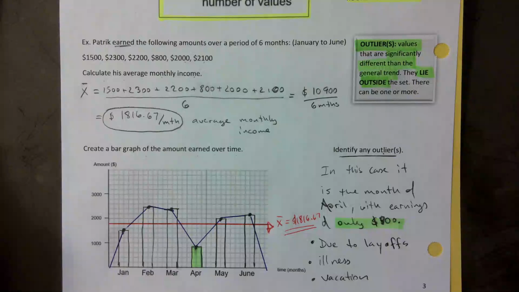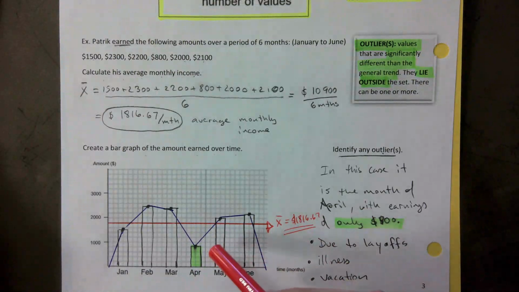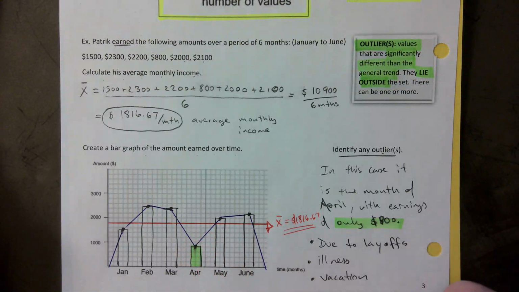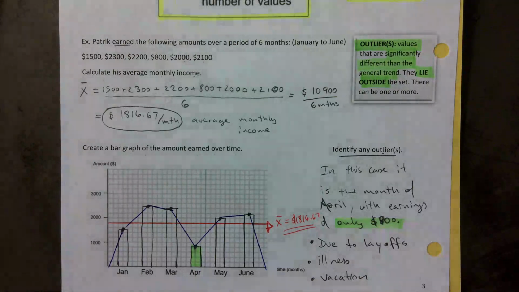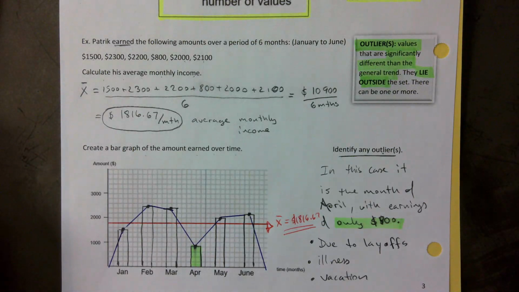Normally, folks, if there is an outlier, average is not a good way to find the middle, because that outlier may just be a one-off, and we tend to not want to include that in our average. It depends on why it's there. If it's a seasonal thing that happens every year, yes, we include it. But if it's a one-off due to a mistake or human error, you most likely don't want to include that.